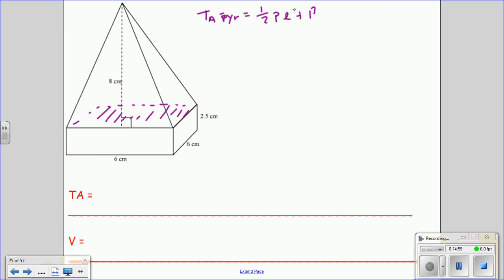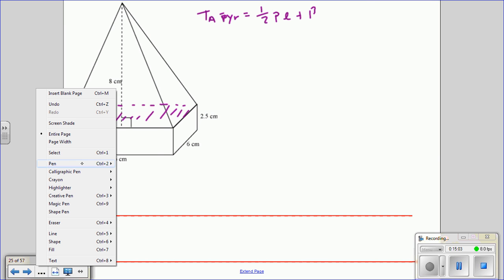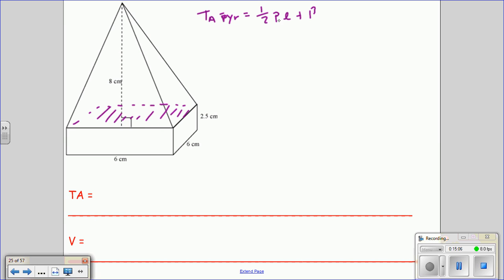In other words, it's not seen, so we're not going to include it in our final total area. So let's scratch out the base. So we're going to take 1/2 times the perimeter of the base, though. The perimeter of the base is 4 times 6.